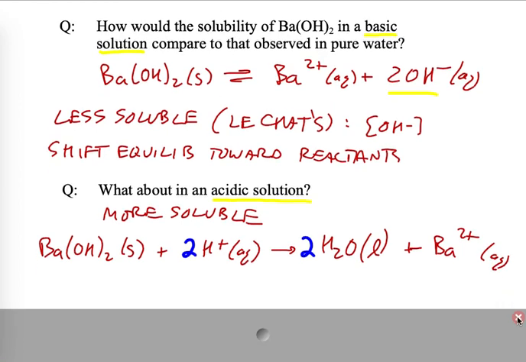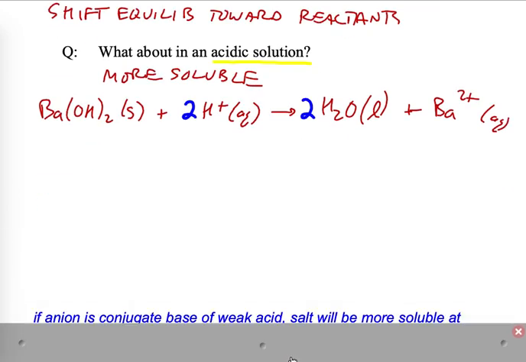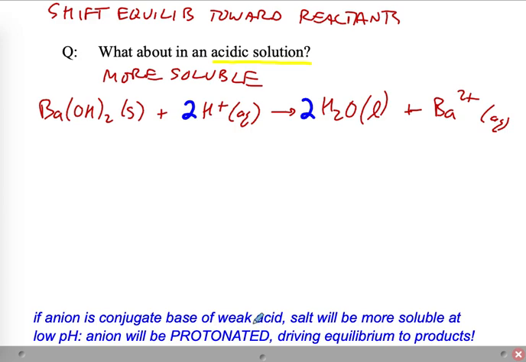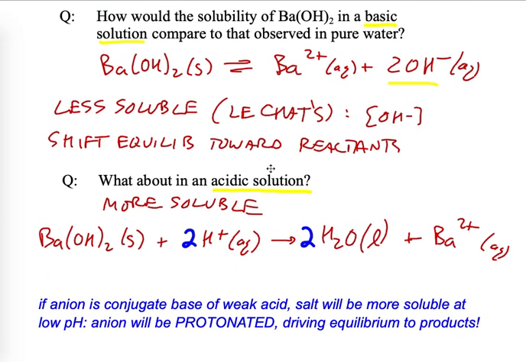So we can generalize this by saying if the anion in the ionic compound is the conjugate base of a weak acid, then the salt will be more soluble at low pH because the anion will be protonated, driving the equilibrium towards the products. Protonated simply means H+ is added to it to form the conjugate acid of whatever that anion is.